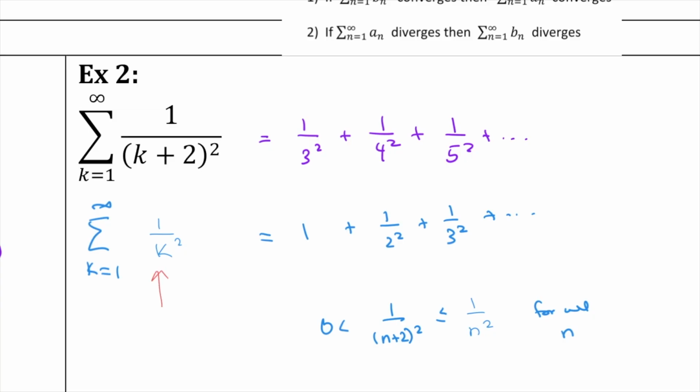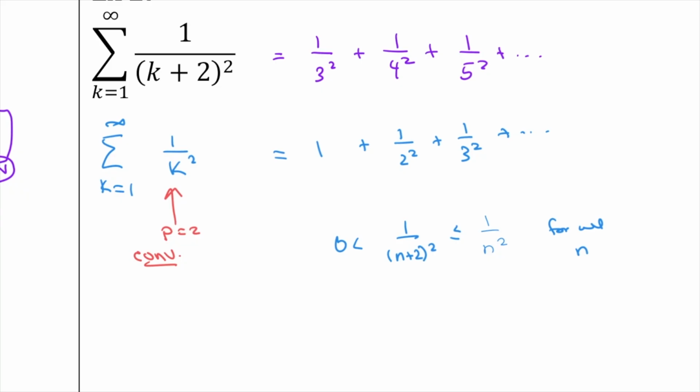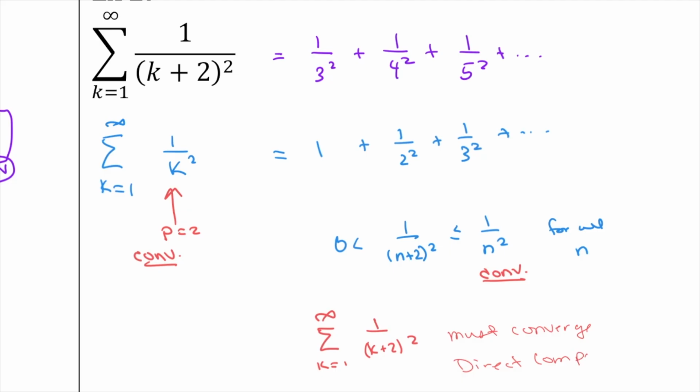This is your p series, for p equal to 2, so the series 1 over k squared will be convergent, and that tells us that since the larger series converges, the smaller series must also converge, and we know that the series k equals 1 to infinity, 1 over k plus 2 quantity squared must converge, and it must converge from the direct comparison test.